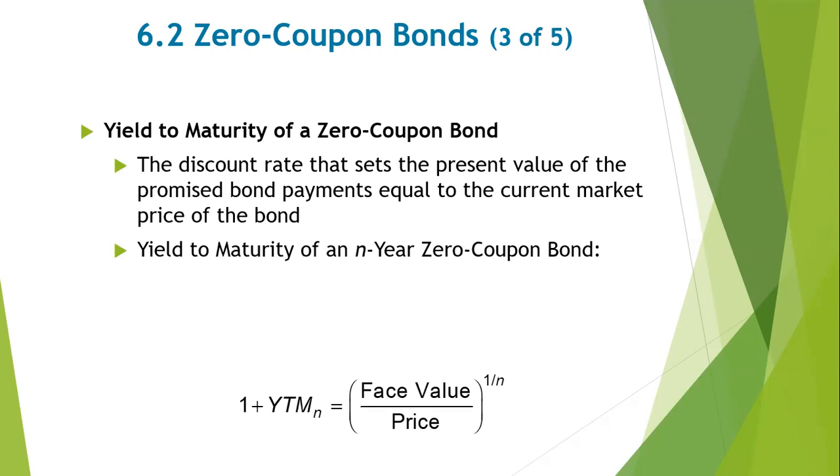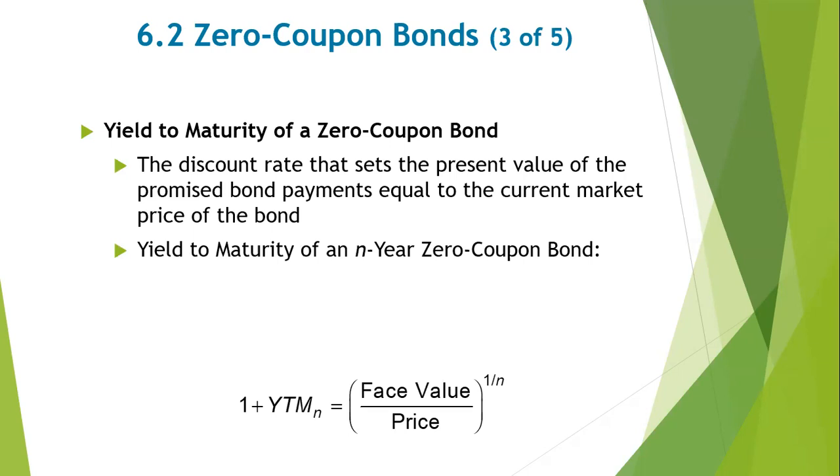This concept can be extended to a coupon bond, where the rate of return is the discount rate at which the present value of all cash flows from the bond equals the bond's price.